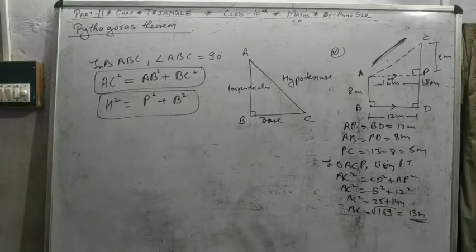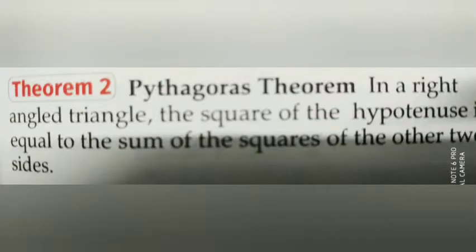So let's see. The theorem is, you have to read the Pythagoras theorem: in a right triangle, the square of the hypotenuse is equal to the sum of the squares of the other two sides.